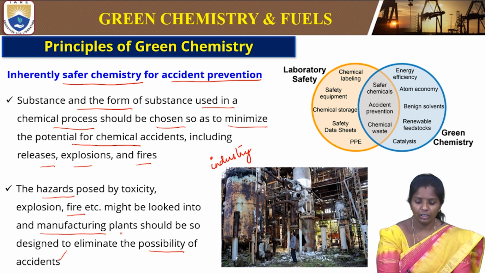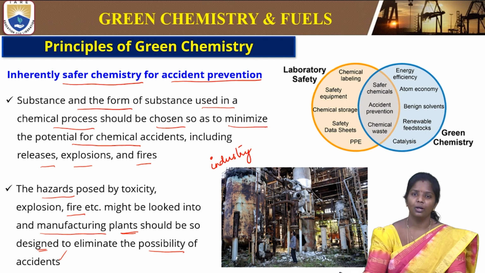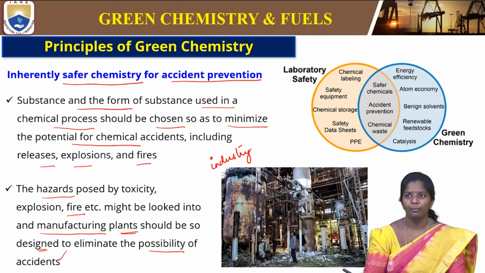It also has to be designed in such a way that it eliminates the possibility of accidents. Whenever chemical reactions are taking place, it has to be near some water or sand, so that even if there is an explosion, the effect will be minimized.